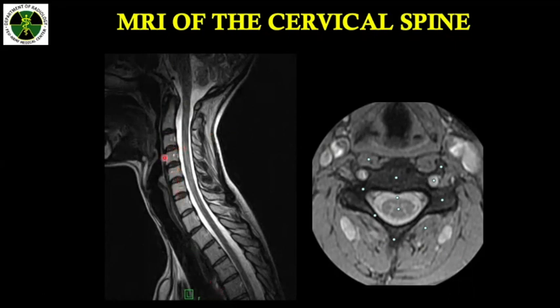The intervertebral discs are a bit bright because of the normal fluid content within them. So if they appear dark, then that means that there is desiccation or drying up of the intervertebral discs, making the cushion between the vertebral bodies less efficient.